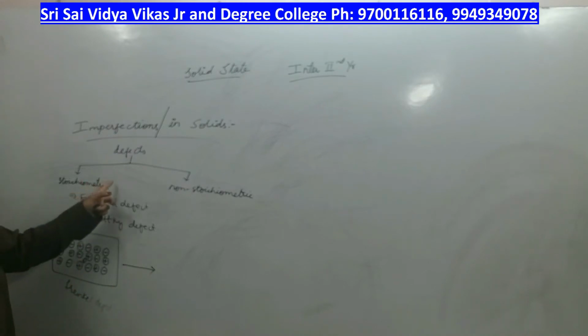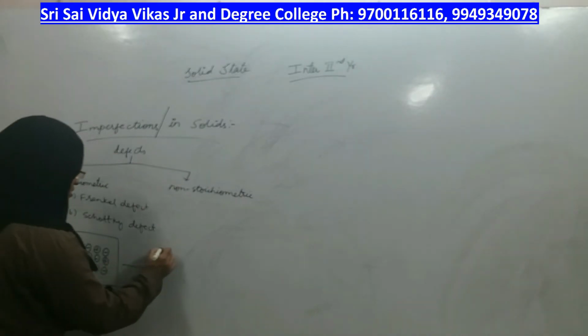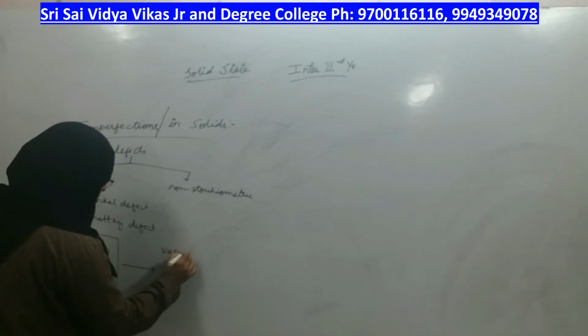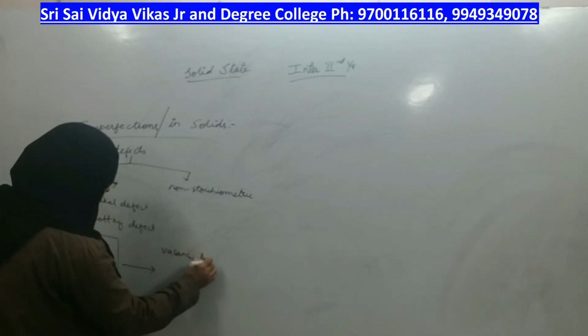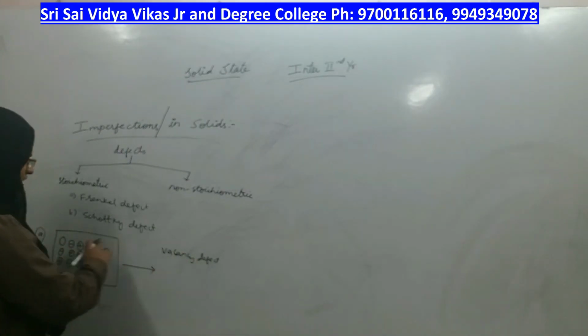You have seen, if a vacancy is created, that defect is called vacancy defect. That means Frenkel defect shows vacancy defect. You can see a vacancy of the cation here or not? Yes. So vacancy defect is seen.